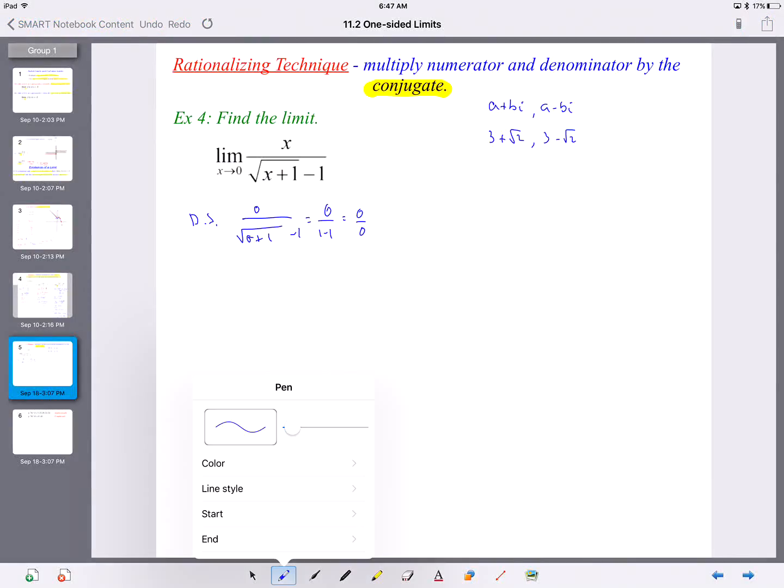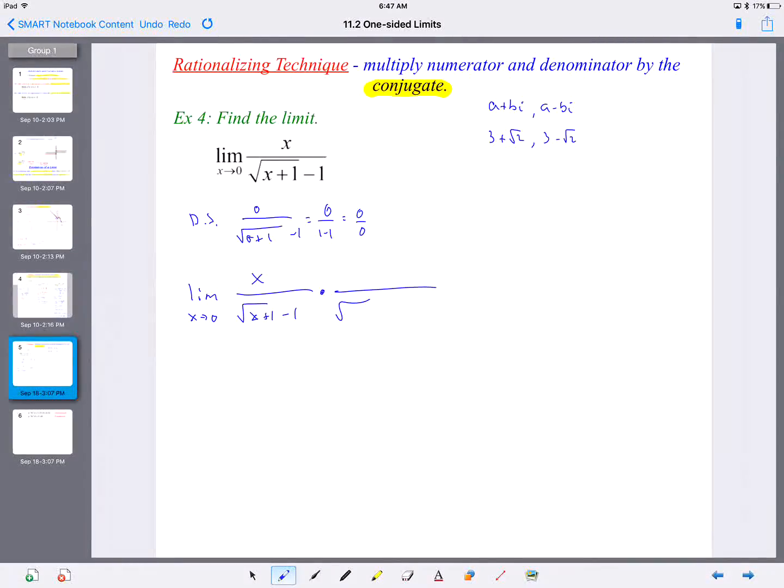So we're going to multiply by the conjugate. The square root stays the same, the square root of x plus 1, but instead of minus 1, we do the opposite, which is plus 1.